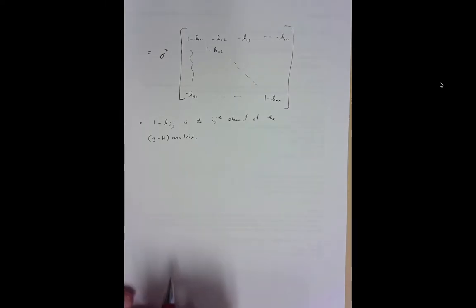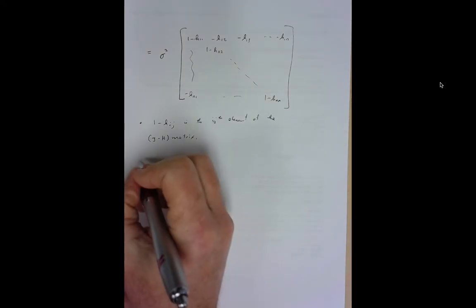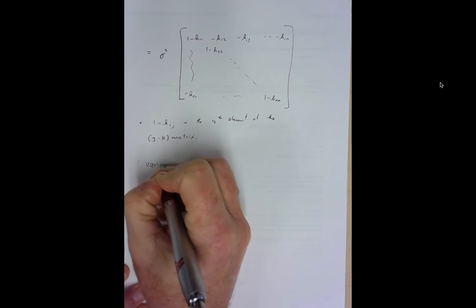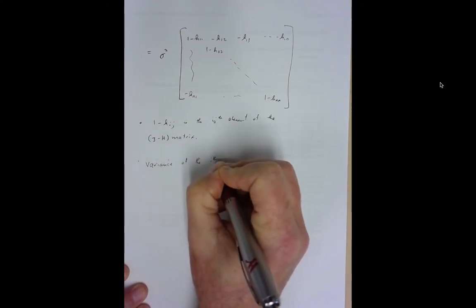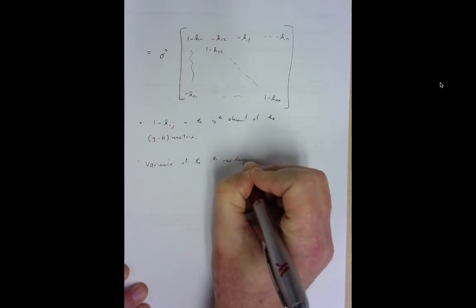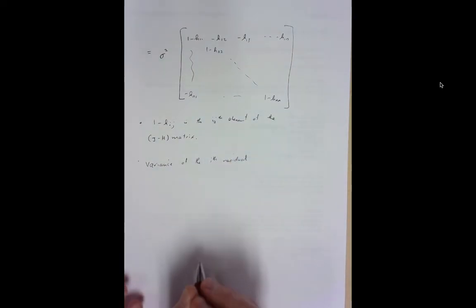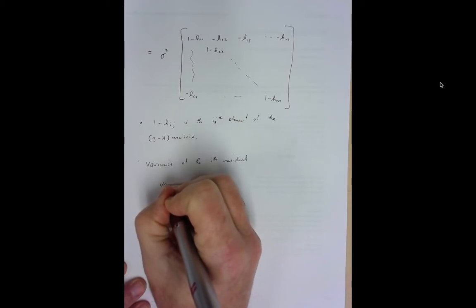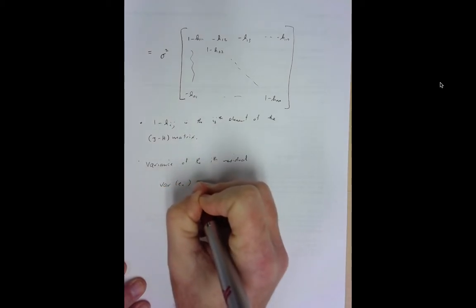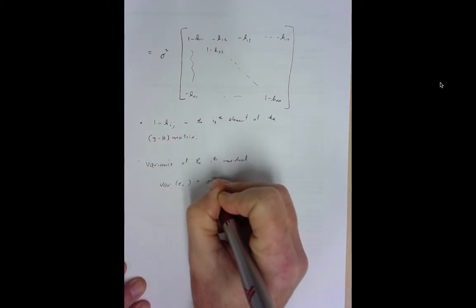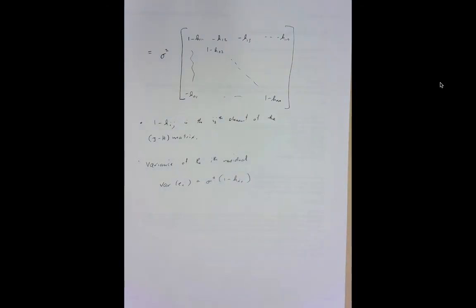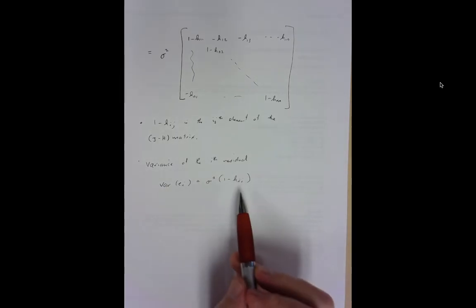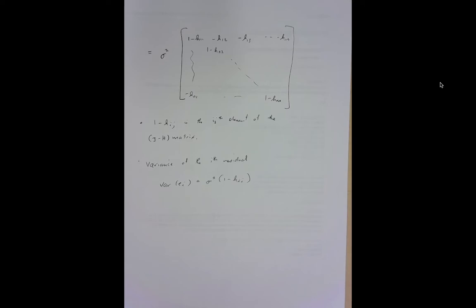Okay, so the variance of the ith residual can be found as the mean square error times 1 minus the element on the diagonal of our hat matrix.